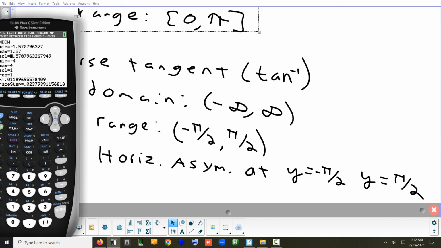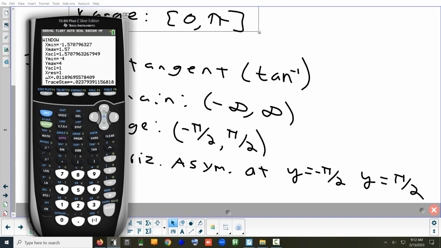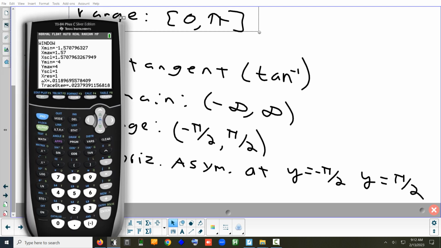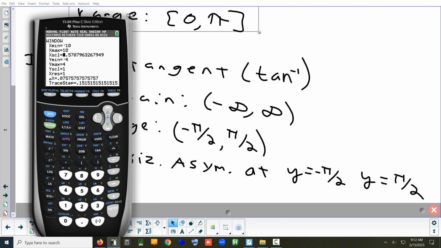No. Sorry. The domain is all real numbers. So for the domain, that's your x's. You can set that as big as you want. Probably -10 to 10 is enough. It's the range that you want to be -pi/2 to pi/2. So that's your y's. So -1.57, 1.57.